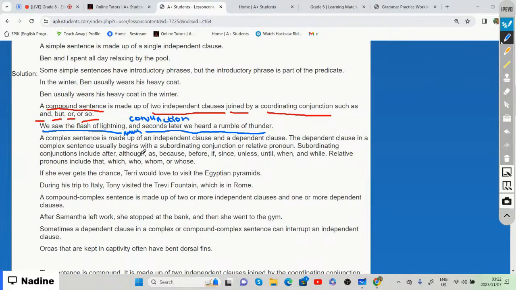And then they say relative pronouns, right? So subordinating conjunctions include the words that we made mention of. And then we have relative pronouns that include that, which, who, whom, or whose.